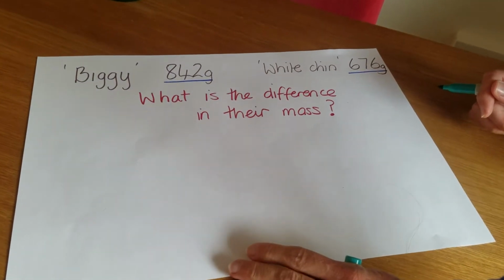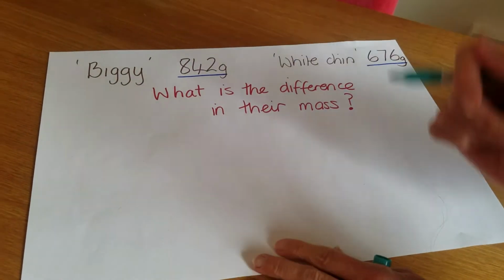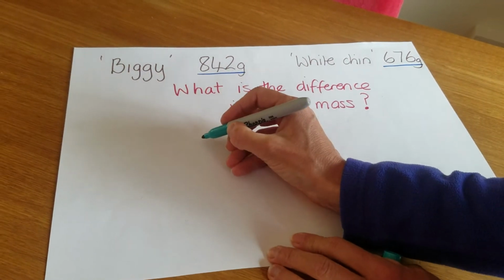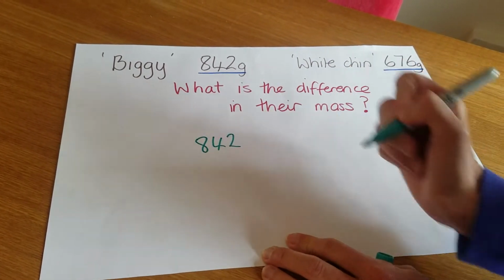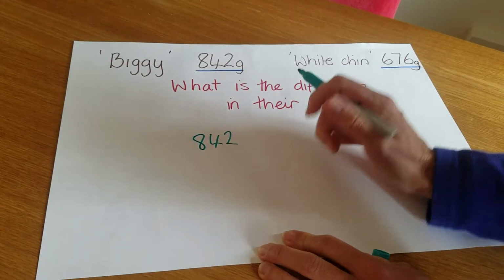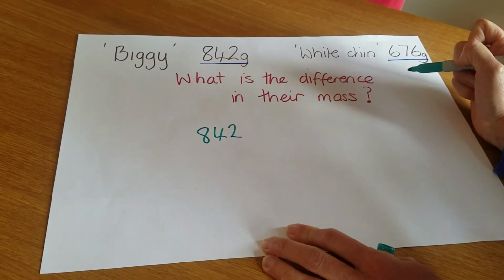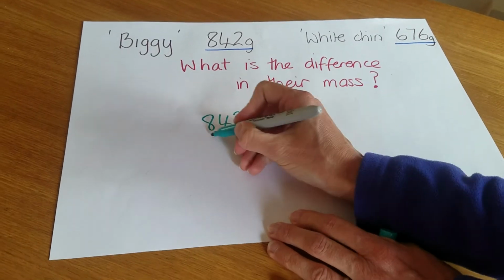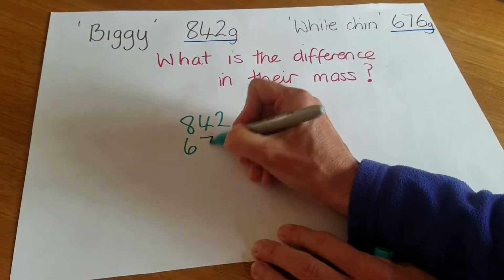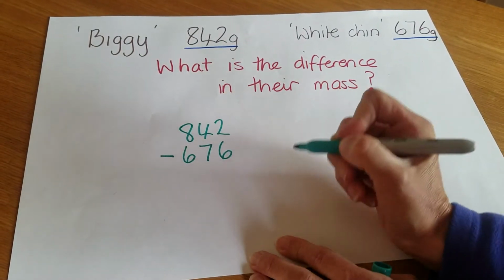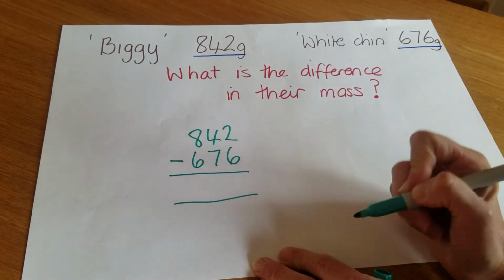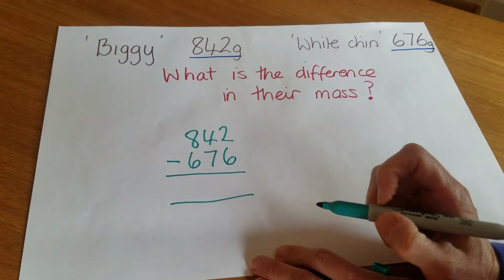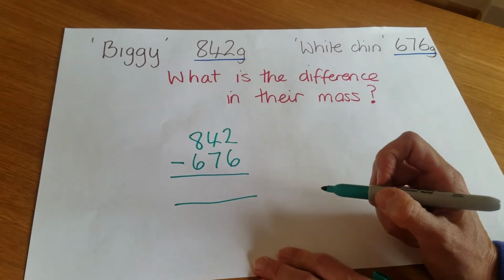There's a few ways of doing it, but one way, which would be really good, would be 842 grams, that's Biggie's, and if I take away White Chin's mass, so that's 676 grams, I'm going to remind myself it's a subtraction. And if I then do this as a subtraction, I will find out what the difference between them is.